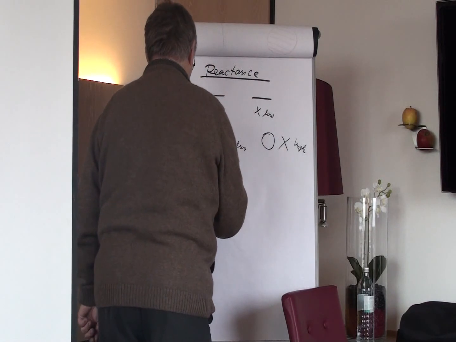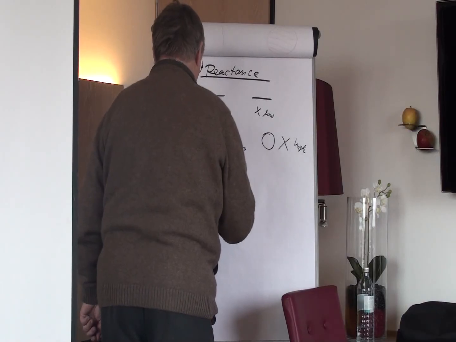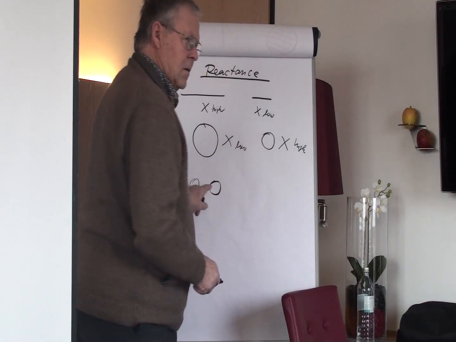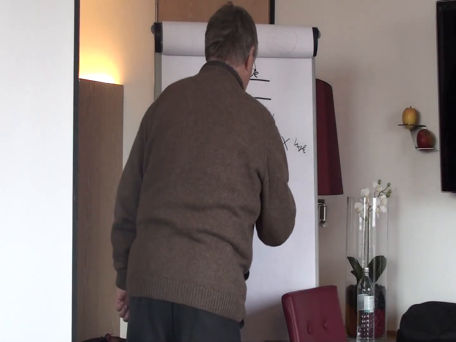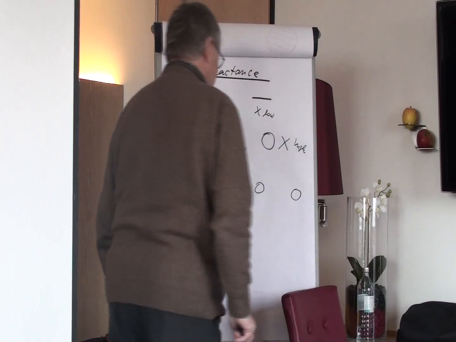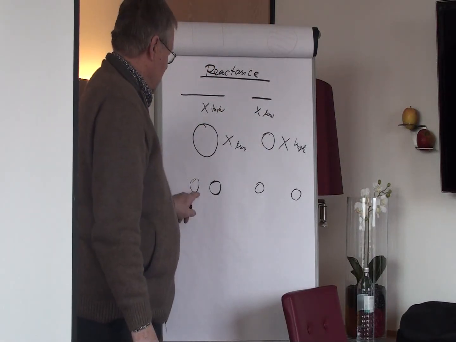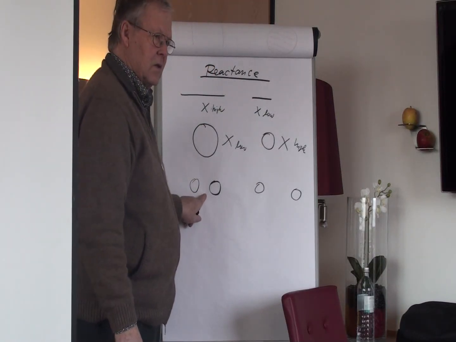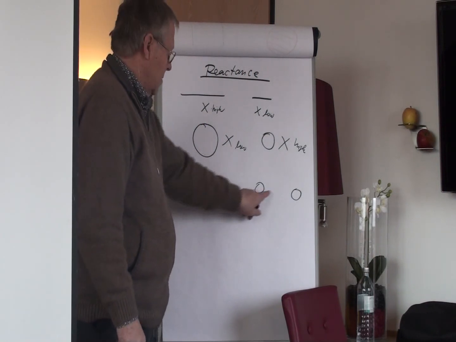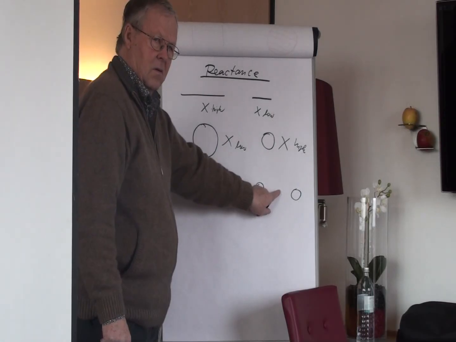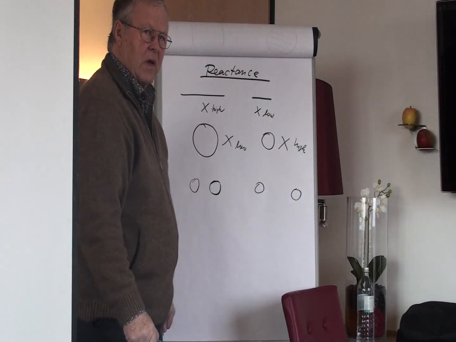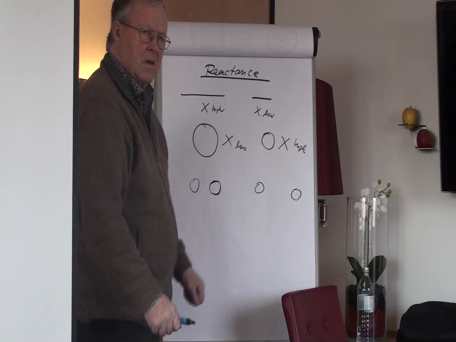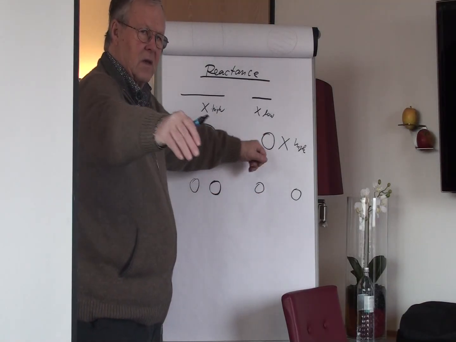If you have the current loop with a low and with a high distance, the reactance here is high or low? High. Low. The bigger the distance, the higher the reactance.